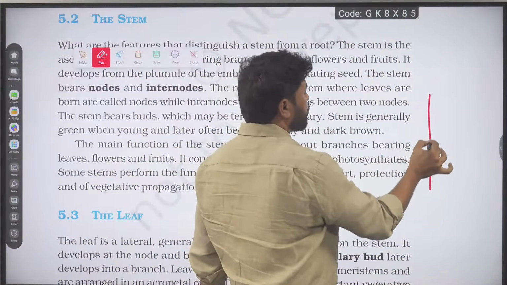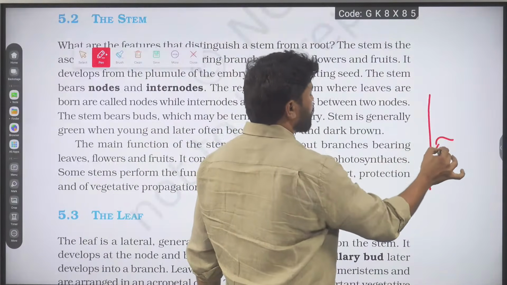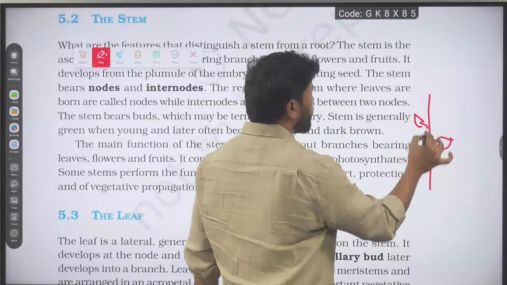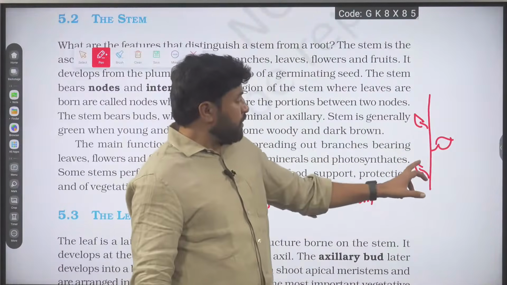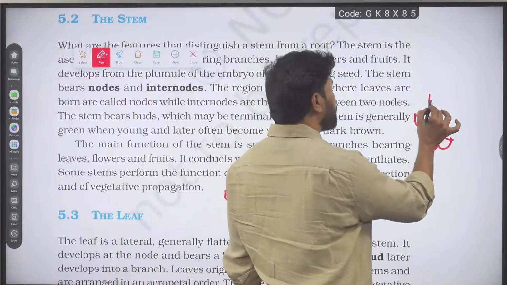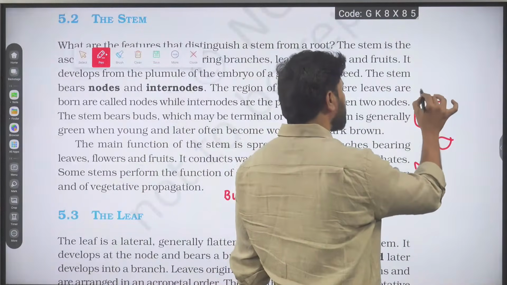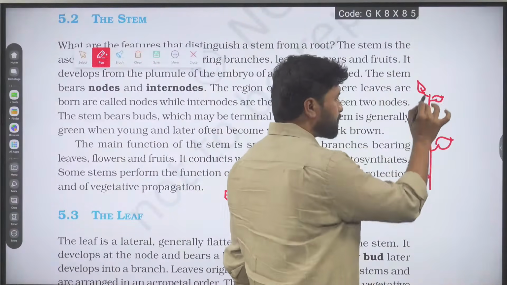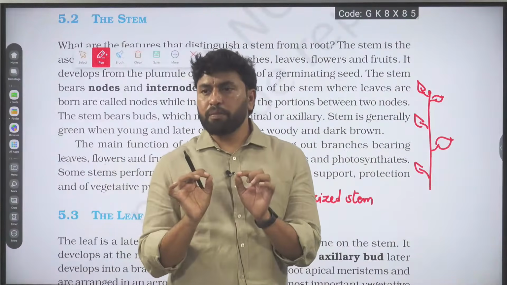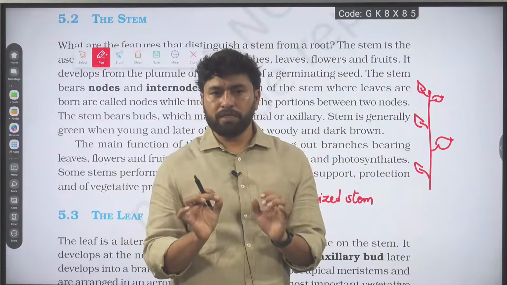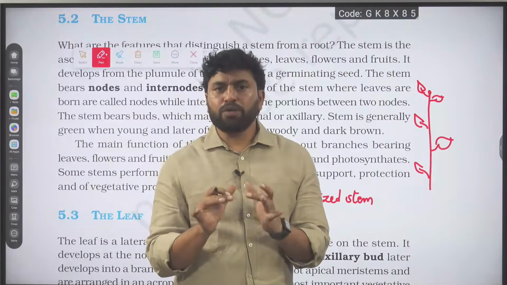It has nodes. At the nodal region, it has leaves. Consider, these leaves first originated from the tip of the stem. When you go to the tip, at this area, we will identify some leaves which are primordial. Primordial means just now they started to originate.